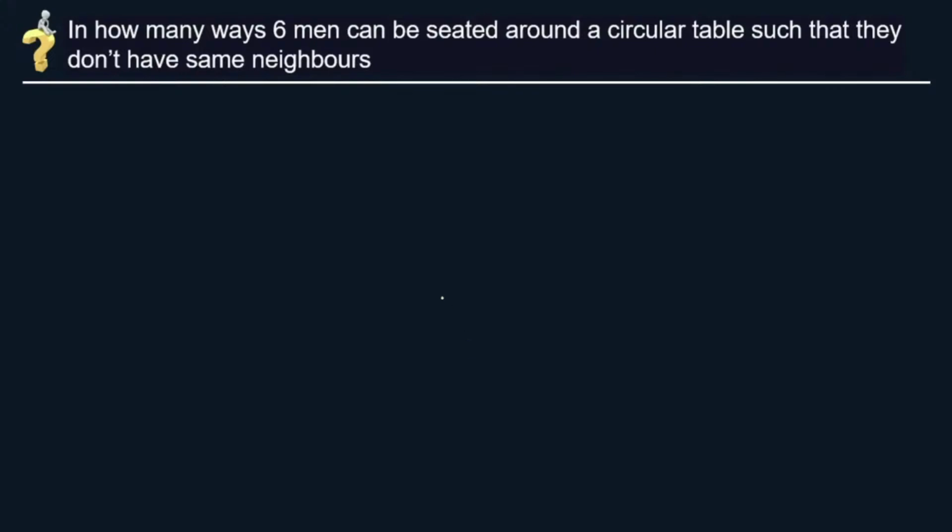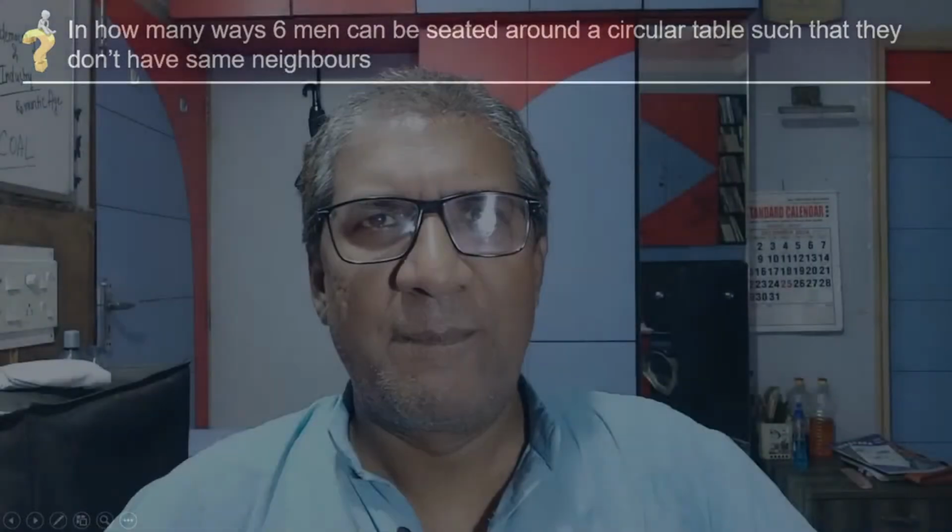See this question. In how many ways 6 men be seated around a circular table such that they don't have same neighbors? Very, very important question. They don't have same neighbors. Here you have to identify two things.